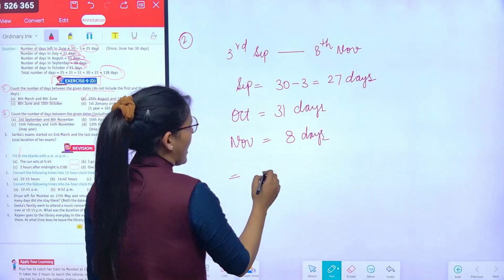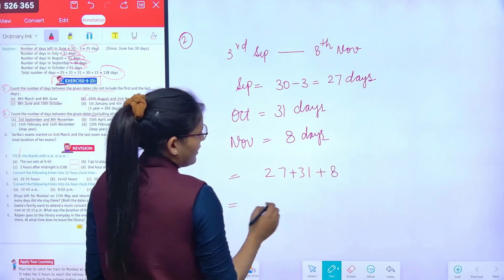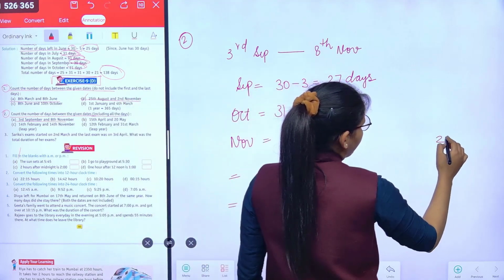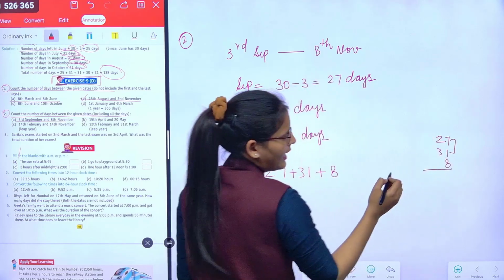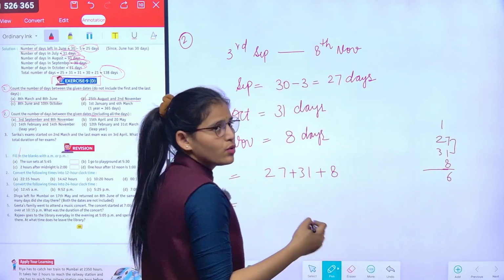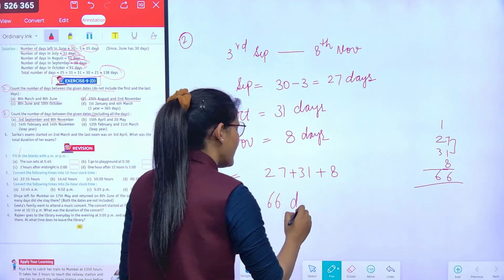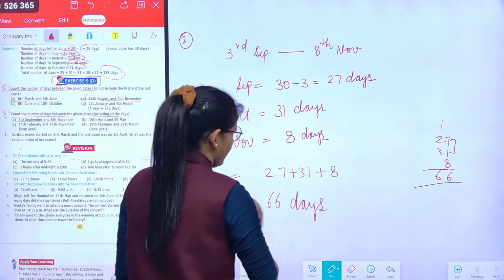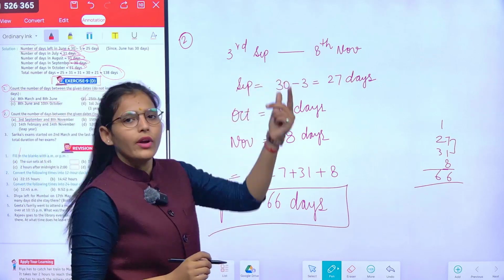So class, now add 27 plus 31 plus 8. 7 plus 1, 8. 8 plus 8, 16. 6, carry 1. 3 plus 2, 5 plus 1, 6. So 66 days between 3rd September to 8th November.